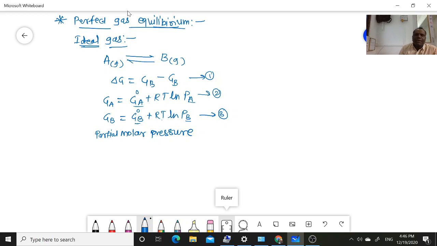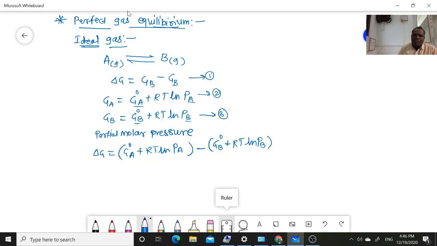If you put equations 2 and 3 in equation number 1, that is, instead of Ga and Gb, delta G becomes delta G is equal to G0 of A plus RT ln Pa, that is, partial pressure Pa, minus G0 of B plus RT ln Pb.